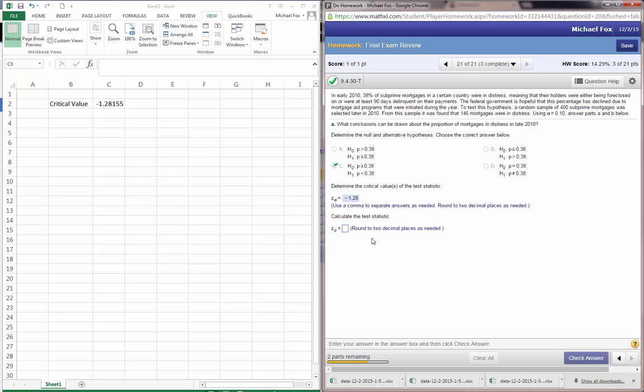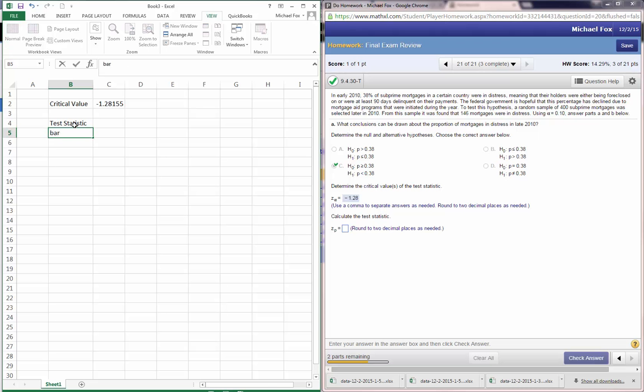Okay? So now we have to calculate the test statistic. In order to do that, we need some information. We're going to need the bar P, which is really just the proportion of the sample. So we can find that by taking the number of mortgages that were in distress in the sample, which was 146, and dividing it by the N, or the number of total data points in the sample, which is 400.